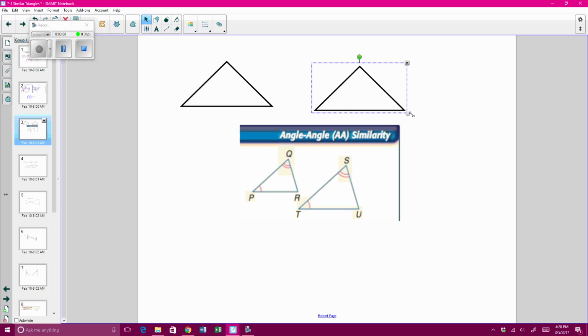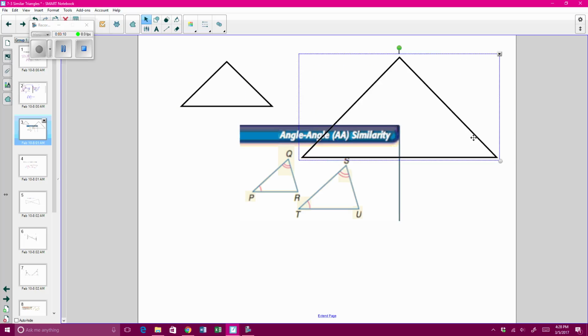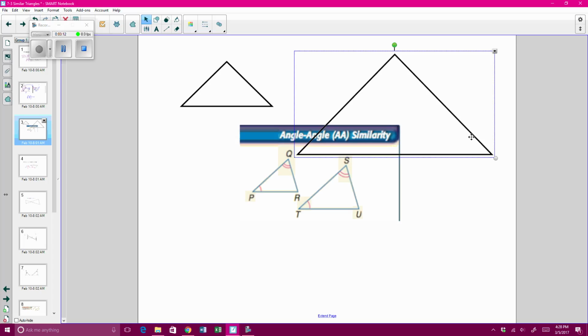If I were to make this larger and actually trace the angles out, this angle, no matter what, is always going to match up perfectly with this angle. So even though the triangle changes in shape, the angles still remain the same.